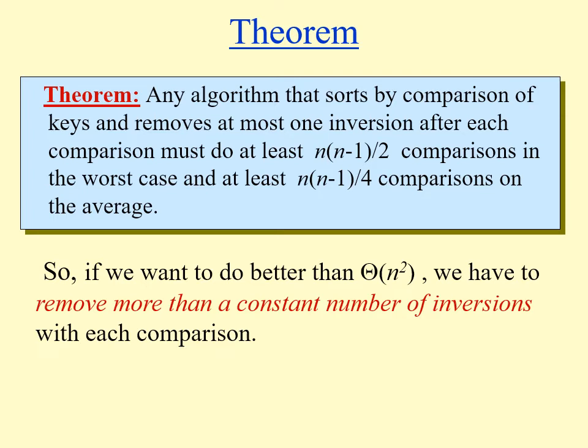Inversion to correct. But each comparison can only correct at most 1, less or equal to 1. Of course, if you divide the number of inversions by 1 or 0, of course not 0. That means each time you only correct at most 1. So you need to get how many rounds to finish the correction. So that means at least, correct? At least. If it's equal to 1, then that is the minimum number of comparisons you need to do.